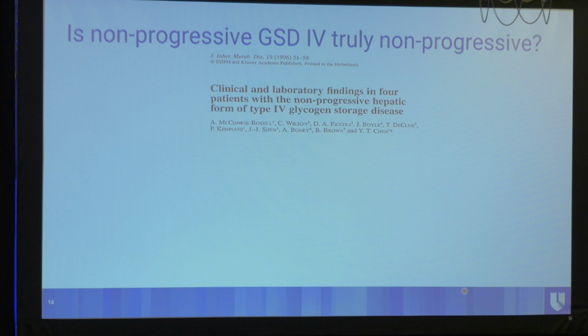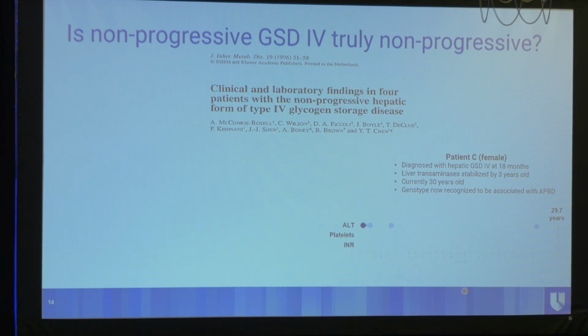Now, as we had published years ago, because we had seen a few patients with GSD type 4 with liver involvement, they were on the transplant list but never got transplanted, and we learned a story, and we called them non-progressive. How correct were we? So we've now followed one of those patients from that original report. This patient was diagnosed at 18 months and had liver transaminases, or liver enzymes, which were up.